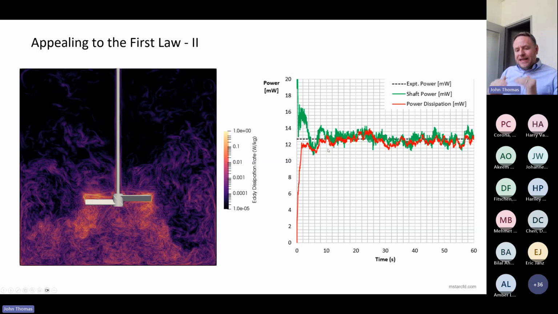That is a very compelling handshake, because what it's telling me is that the code is satisfying the first law. I'm not enforcing this inside the code. We're not saying, oh, well, EDR must be equal to the shaft power, so let's normalize this. That's not happening at all. The foundation of the code is satisfying the first law, which is telling us the problem. And we can validate local EDR and trailing vortex EDR to make sure we can pin this problem down.